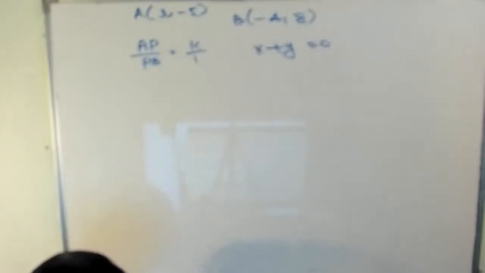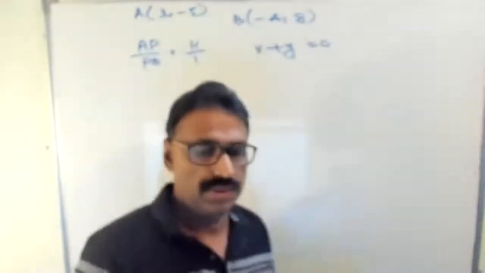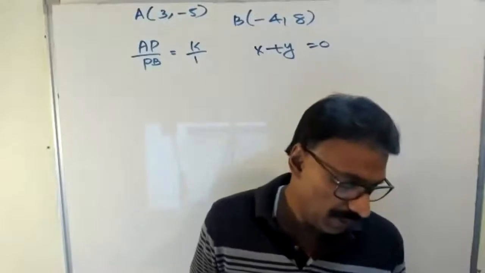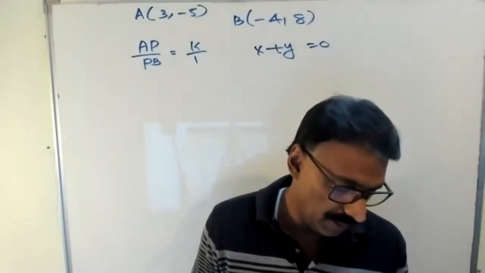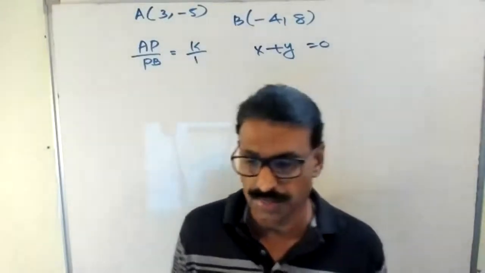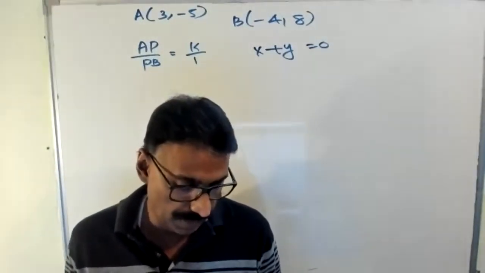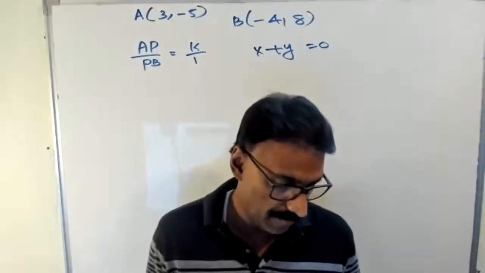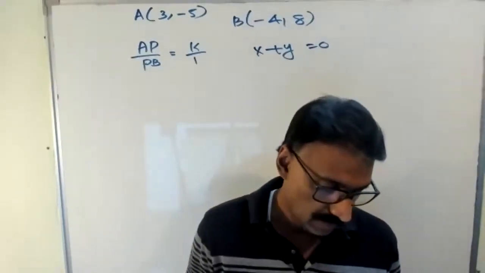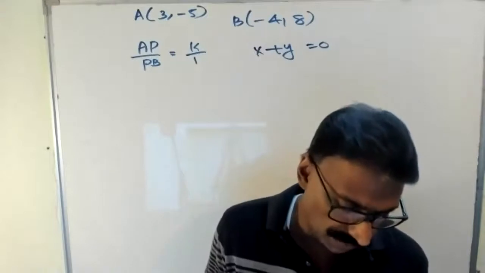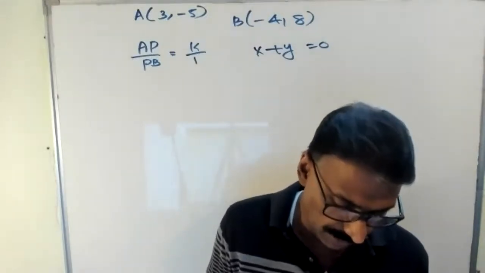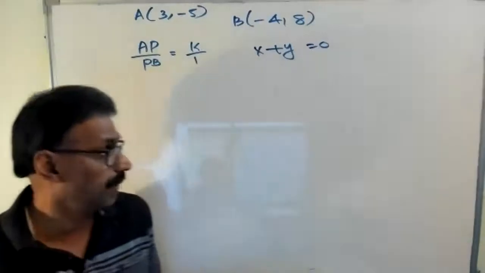Question again. A point P divides the line segment joining the points A (3, -5) and B (-4, 8), such that AP by PB equals K by 1.